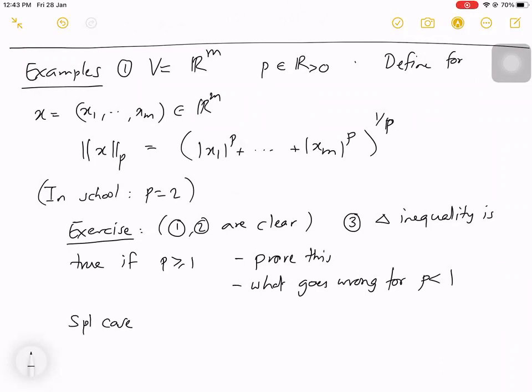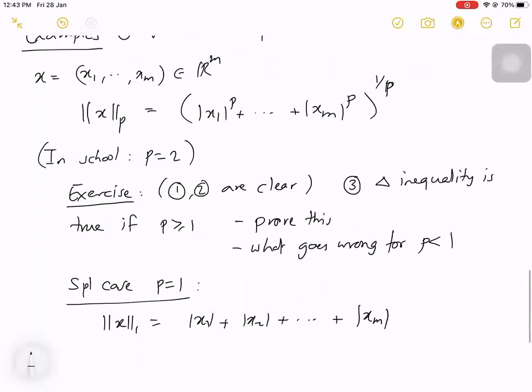So special case, p equal to 1. What is that? This is the standard absolute value. So this is the standard triangle inequality, correct? Here we have just x1 plus x2 plus up to xn in absolute values, and this is clearly a norm.